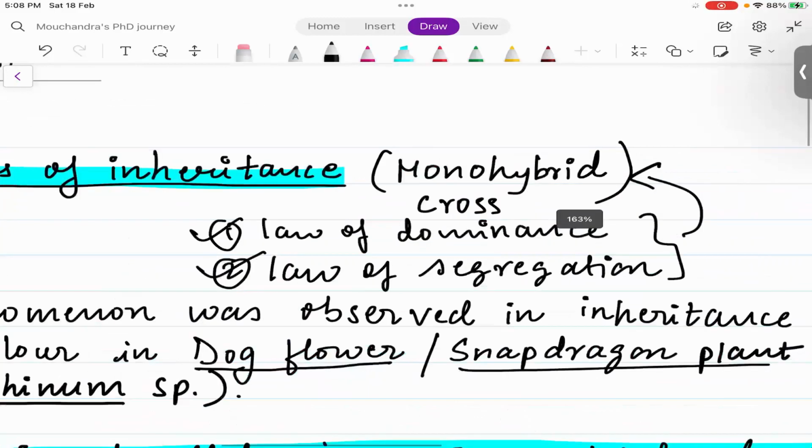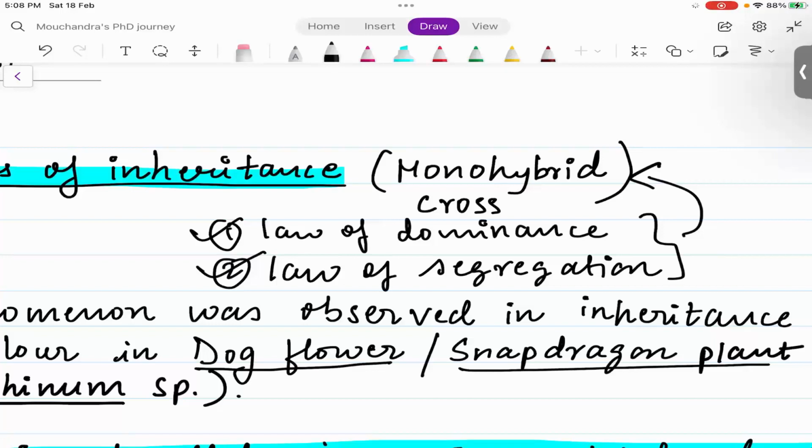So if you recall, what is law of dominance? If the organism is of heterozygous condition, that is containing two dissimilar alleles, one allele will be dominant over the other, such that only the dominant allele will be expressed and the phenotype corresponding to that dominant allele will be seen.